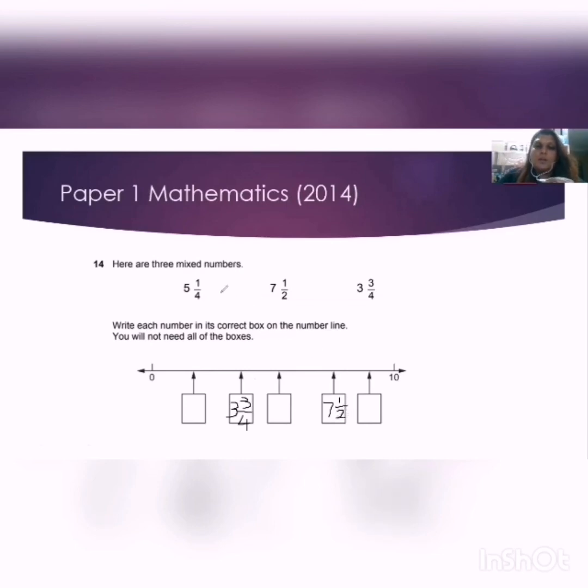So definitely we know that 5 1 over 4 is over here. So as the question says, you need not use all the boxes here. Okay, now let's move on to the next question here.